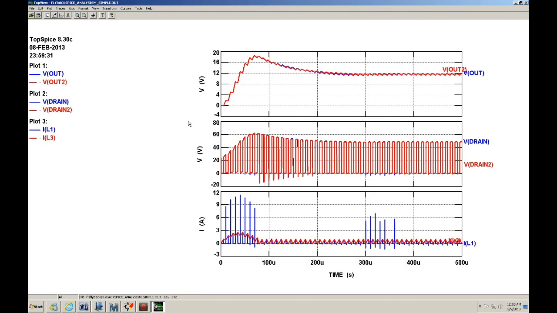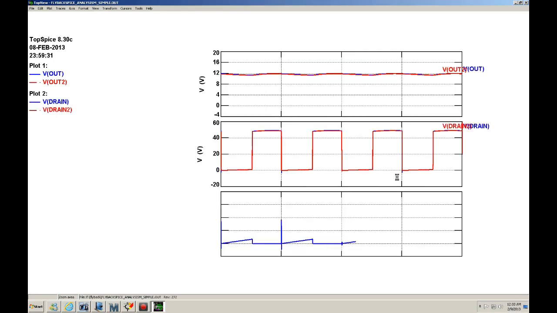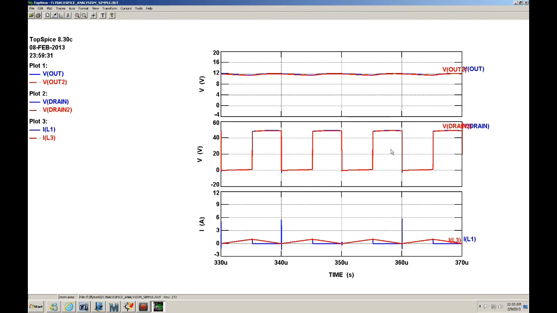Okay, here we have the results. If you can tell right here, it says V out and V out 2. So basically the voltage is identical. And here I'm plotting the voltage on the drain, and other than maybe a little excursion here and there, minor ones, if I zoom in, they're basically on top of each other.